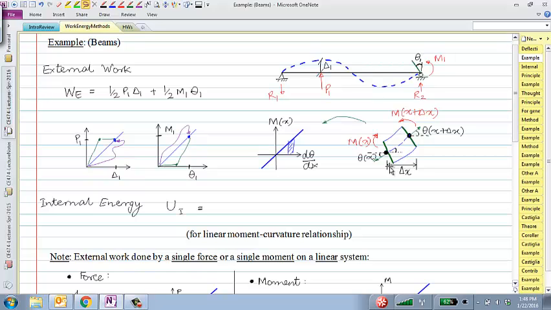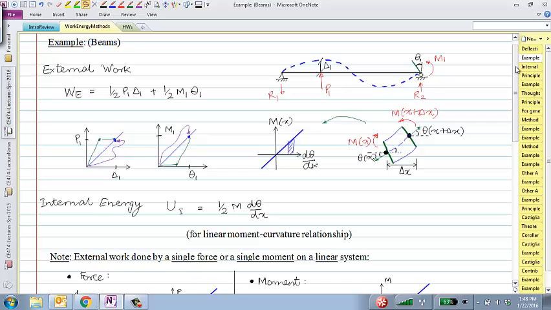So if I look at some delta x section, I have a rotation theta at x here, and theta at x plus delta x here. The moment is slightly different at x and x plus delta x. Using this, I can calculate what would be the energy stored in this section, and that would be half times M and d theta over dx.